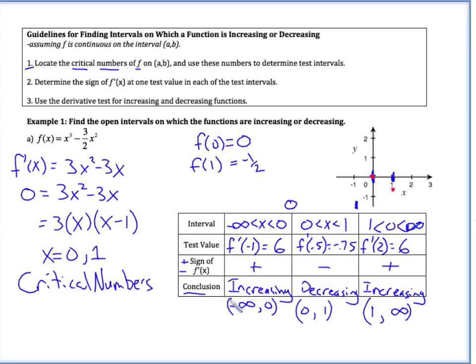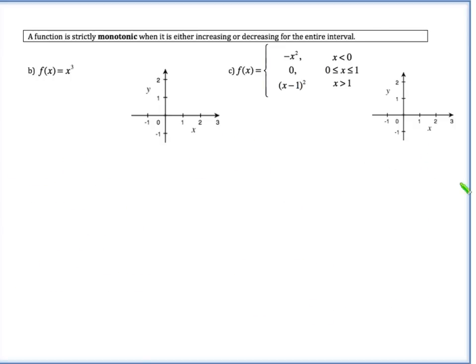Now we know our function is increasing, so it's got to be increasing on this interval here. And then it's decreasing on this interval, and then increasing on this interval right here. So increasing, decreasing, and increasing. We have something called a monotonic function, which I just want to define for you.